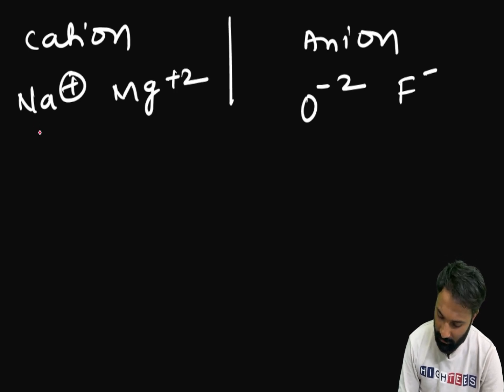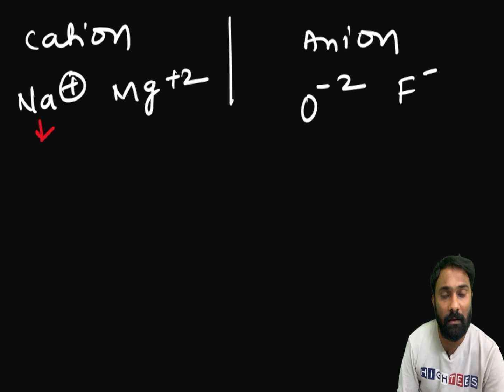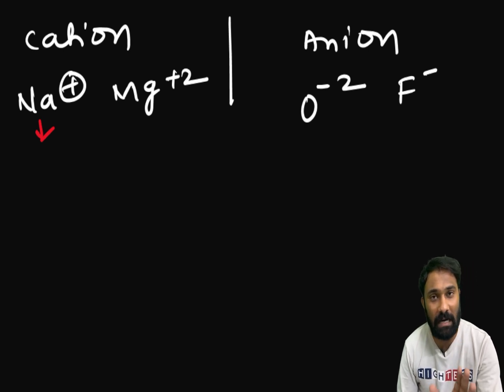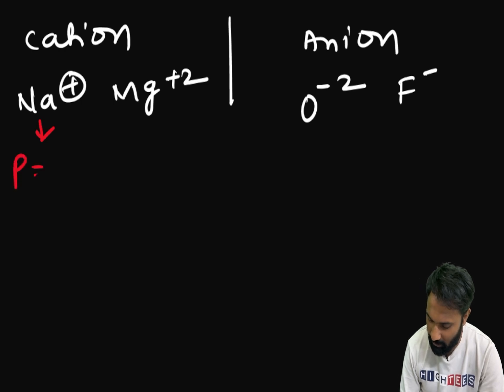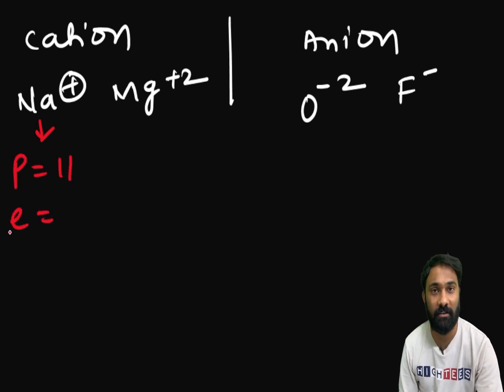For this Na plus ion, or this Na plus cation, how many protons are there? I said protons will be fixed. The atomic number will be equal to the protons. Protons will be equal to 11. But the electrons will be different. Why will the electrons be different?